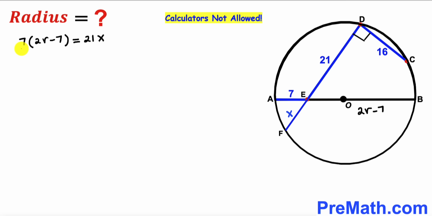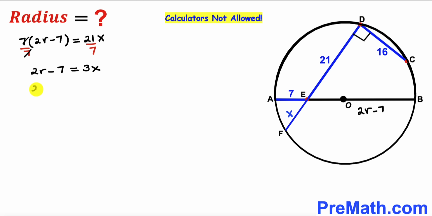And now I'm going to divide both sides by 7 to make our job simple. Here this 7 and 7 is gone, so we end up with 2r minus 7 is going to be equal to 3 times x. And now I'm going to move this 7 to the other side.